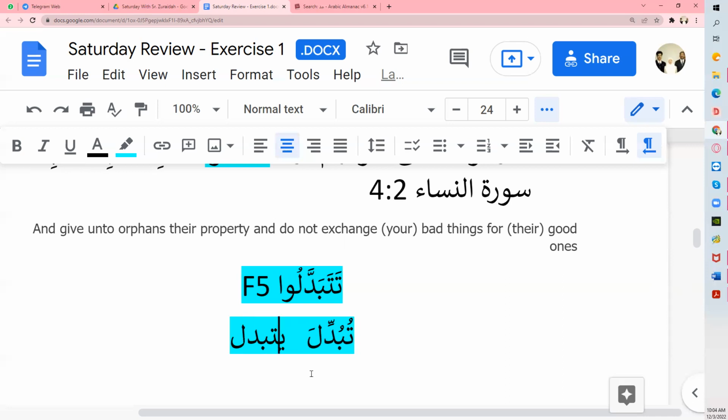In this case, it starts with the dhamma, and it ends with a dhamma as well for present tense. And we have to have an a sound here. So now all of this should be a. Yutabaddalu. That's the nice thing about passive, you see? Easy to do.